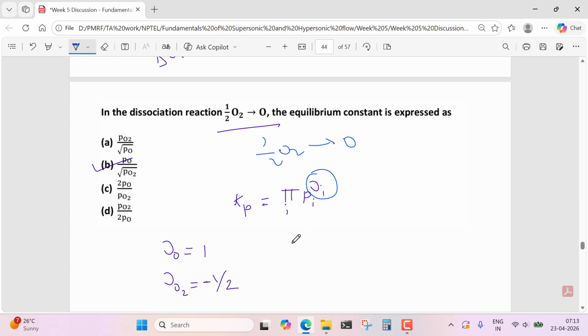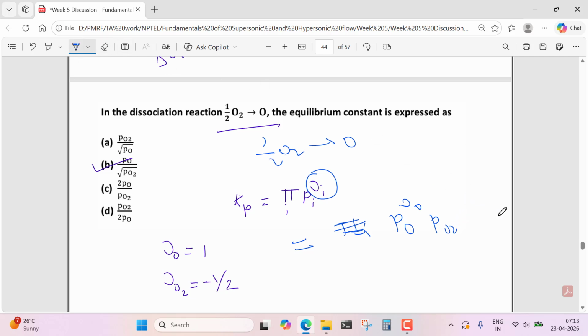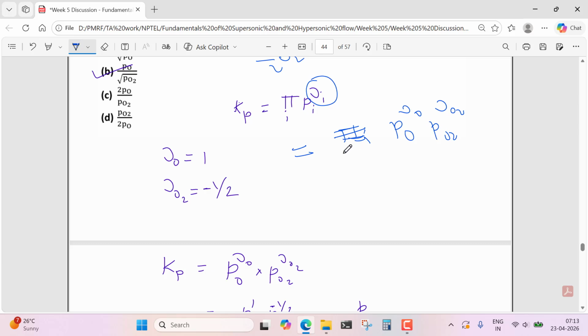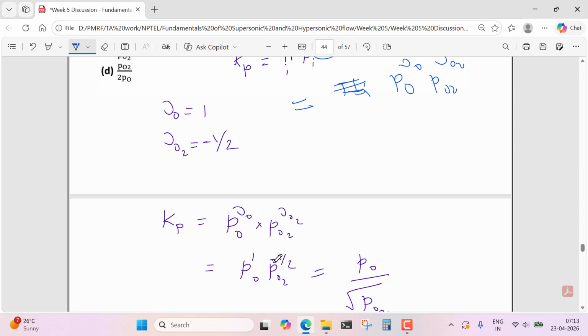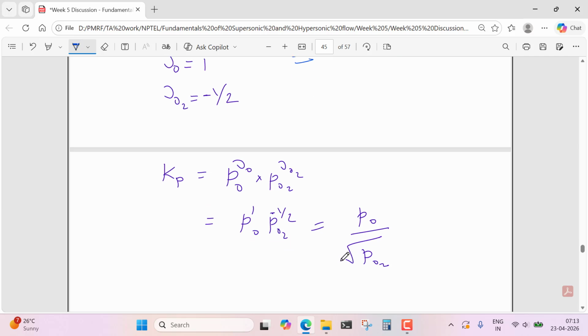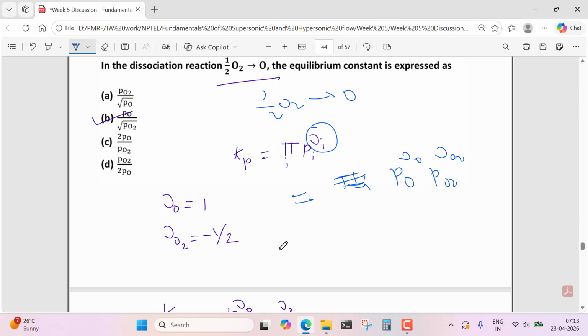Putting these values in, Kp equals P_O^(ν_O) into P_O2^(ν_O2), which gives PO to the power 1 and PO2 to the power minus 1 upon 2, equal to PO upon under root PO2, which is option B.